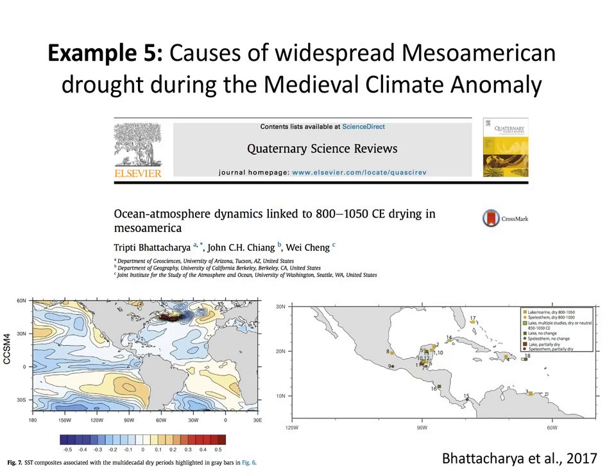And then finally, I just wanted to point out a really nice paper that has come out recently by Tripti Bhattacharya that looks at causes of the widespread Mesoamerican drought during the Medieval Climate Anomaly and potential sources from North Atlantic SST variability.